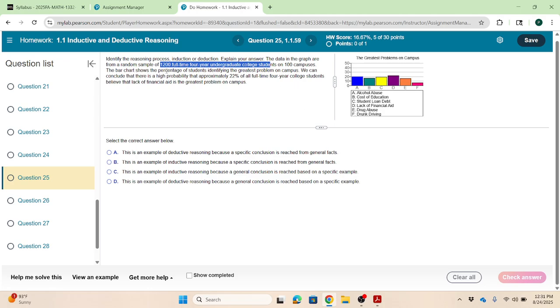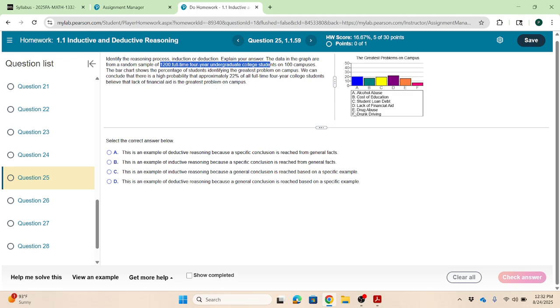Based on a random sample of 1200 full-time 4-year undergraduate college students on 100 campuses, the bar chart, this picture is called a bar chart, shows the percentage of students identifying the greatest problem on campus. We can conclude that there is a high probability that approximately 22% of the full-time 4-year college students believe that lack of financial aid is the greatest problem on campus.